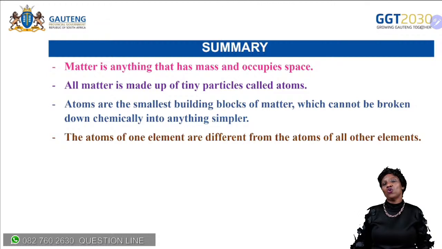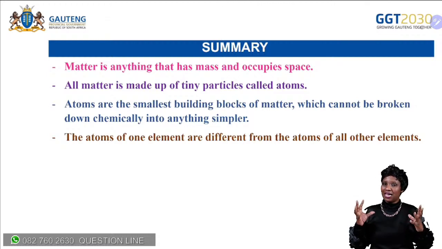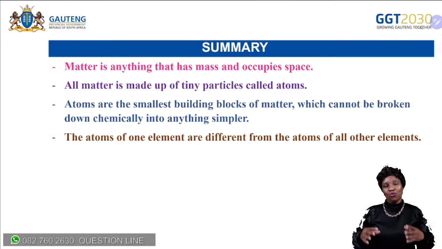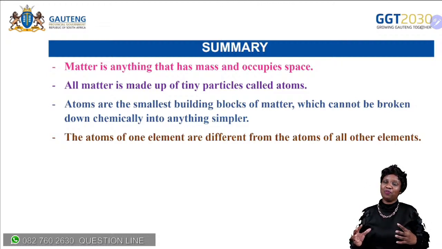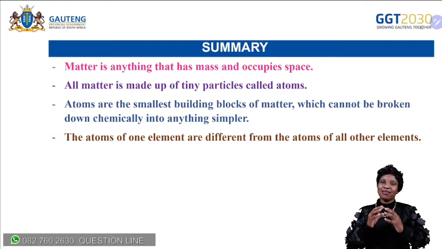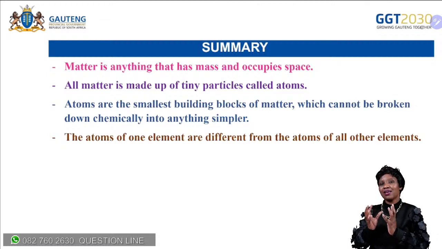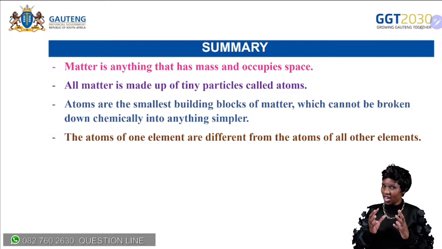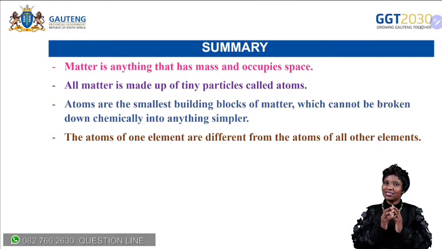And then we've got subatomic particles. This is the structure of an atom. When you are looking at the structure of an atom, you will find that there is a nucleus that holds the protons and the neutrons that don't have a charge together. They are held together by very strong forces.